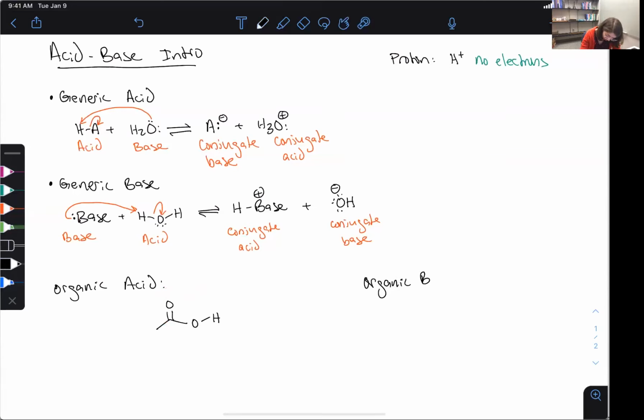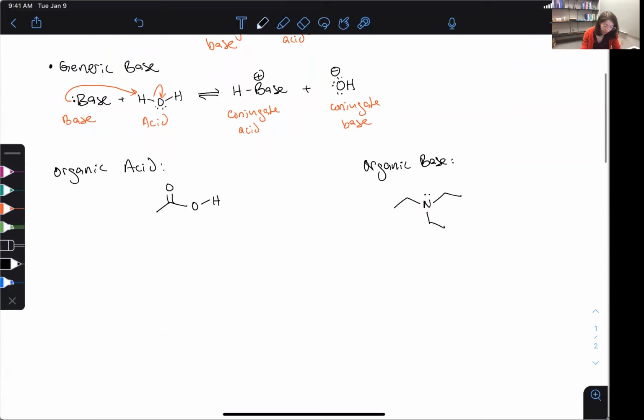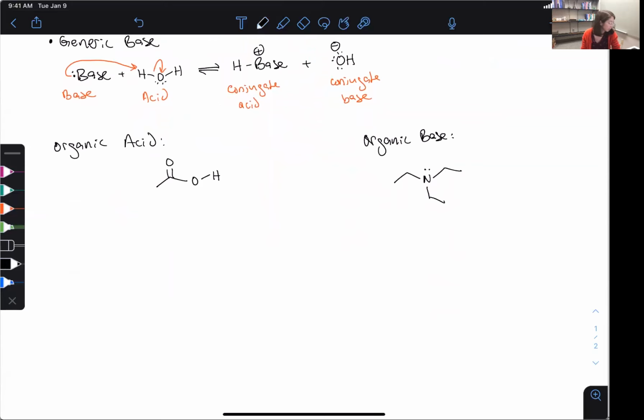So that's a pretty common organic acid. For organic bases, one really common one is triethylamine. Okay, so I have triethylamine here. We just have that nitrogen with the lone pair on it. So again, we're looking at things that have a lone pair. So let's look at what they look like when we actually start to do reactions with them.